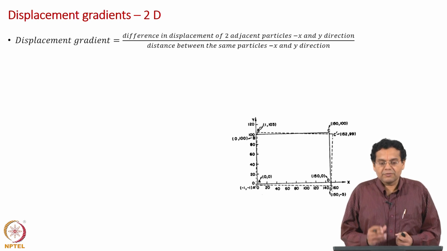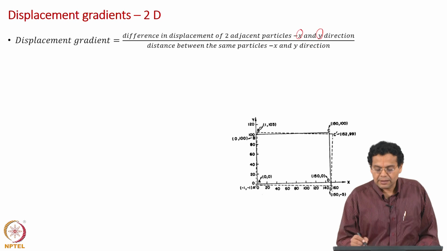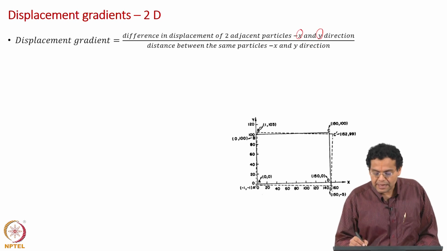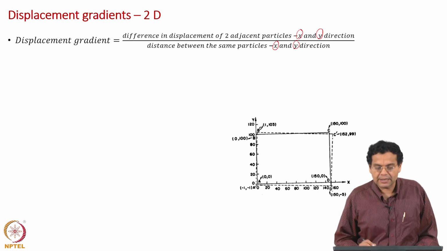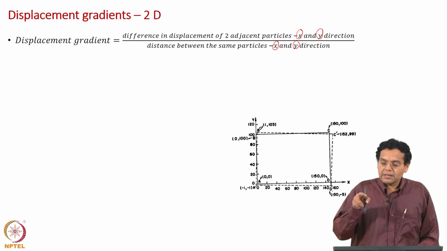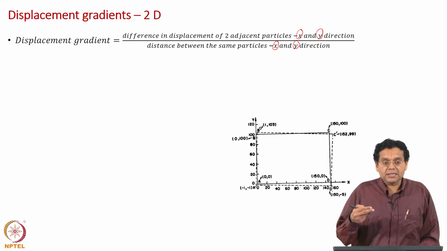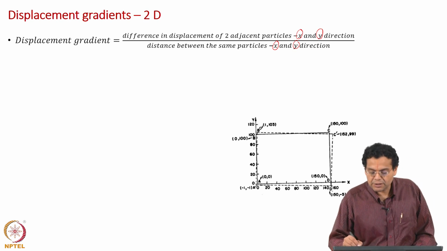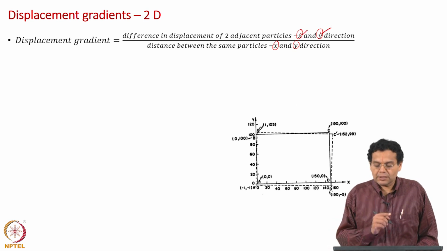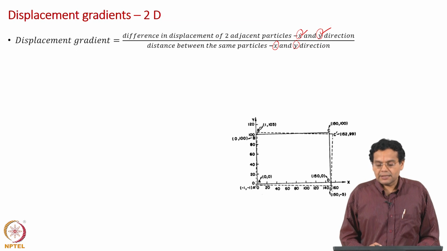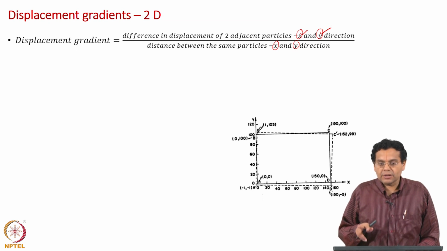It is understood we are working in x direction only, but now the 2 particles which we consider can be along x direction, can be along y direction, and for particles considered along x and y direction, you can find difference in displacement along x direction and y direction, and that is what is shown here.